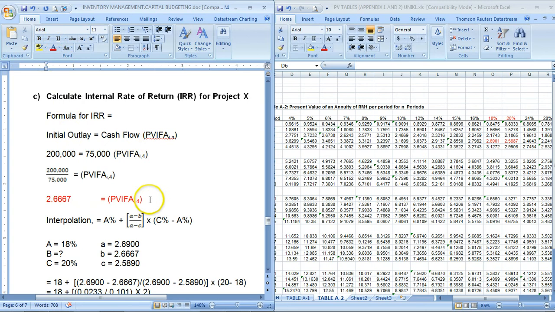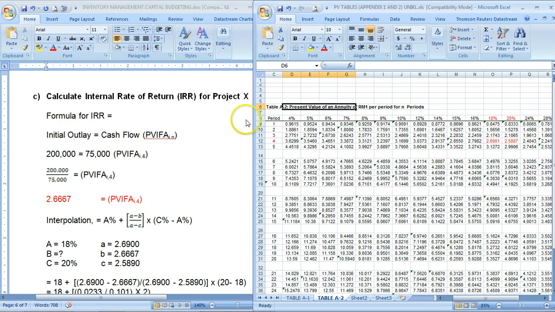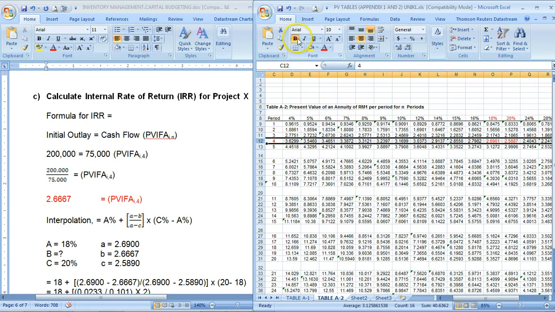So from here, now you can check the PVIFA tables as you can see on the right side. Please open your PVIFA tables and we check together. Which year do we want to see? Year 4. In the PVIFA table, year 4. Get it? This is my year 4.